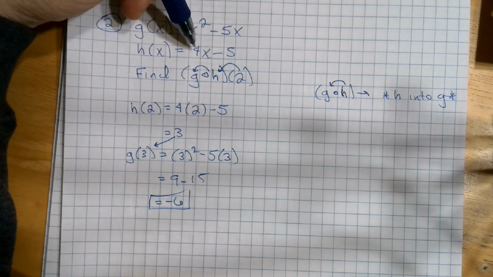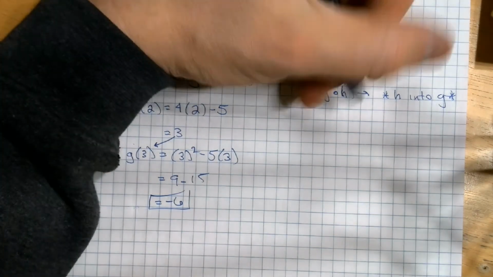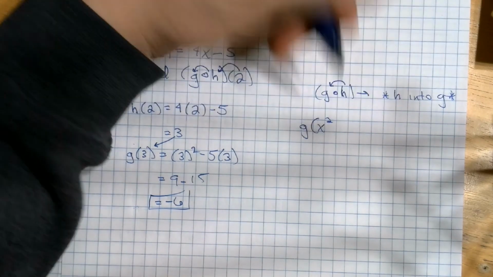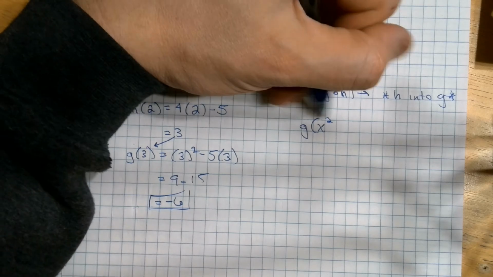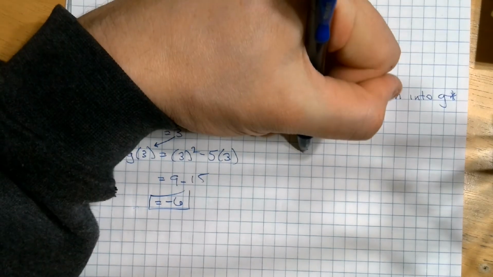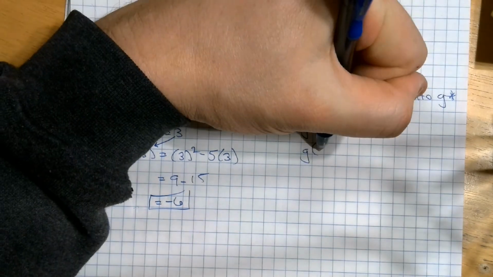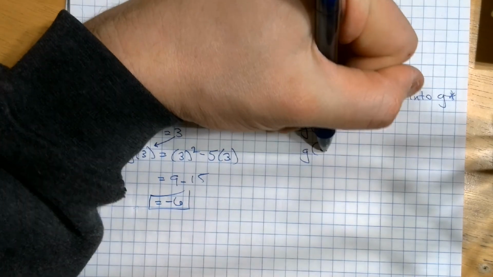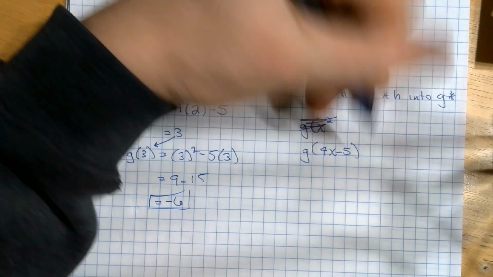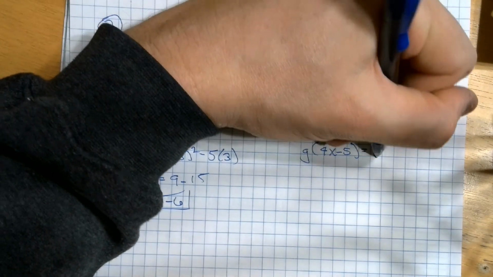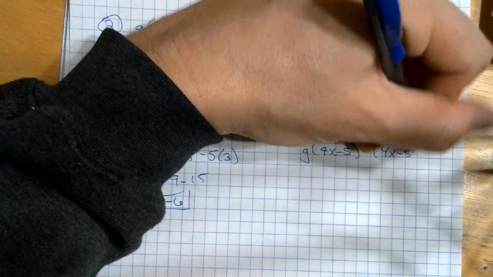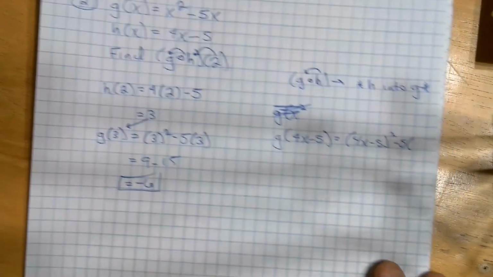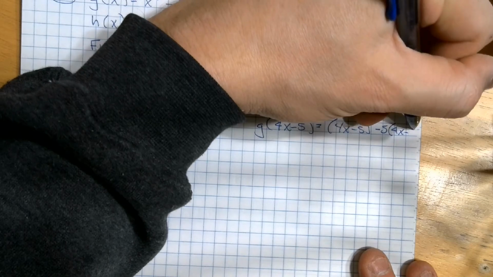So I'm going to take my H, which is this right here, and I'm going to substitute it in. Oops. No, that's correct. Sorry. G of 4x minus 5. And we're going to get 4x minus 5, the quantity squared, minus 5 times 4x minus 5.